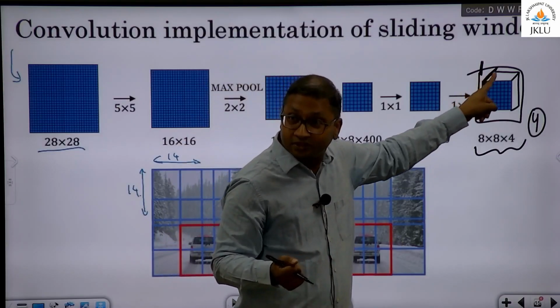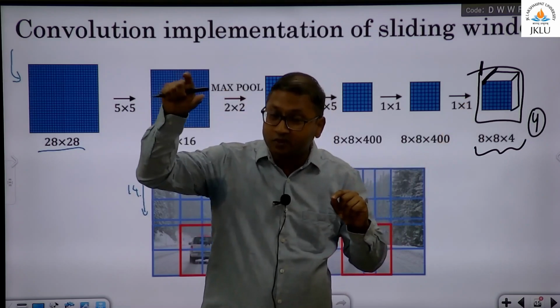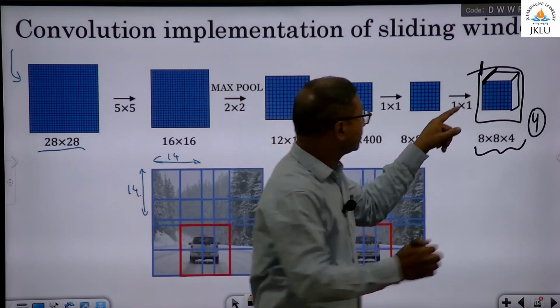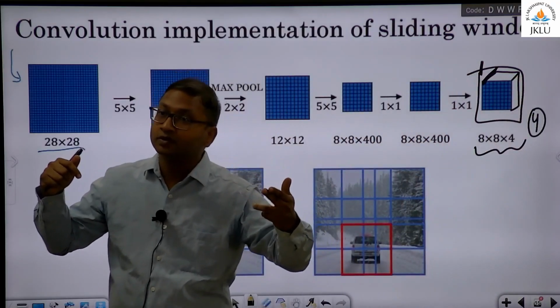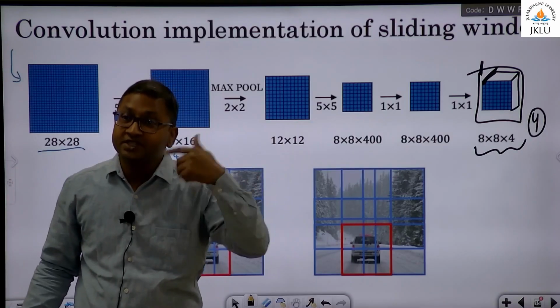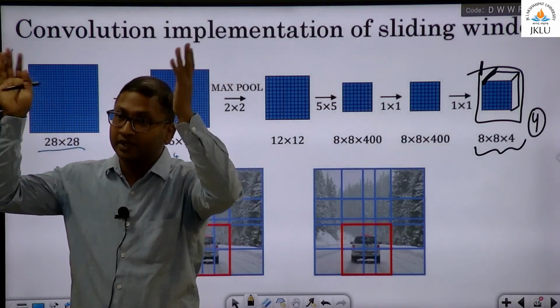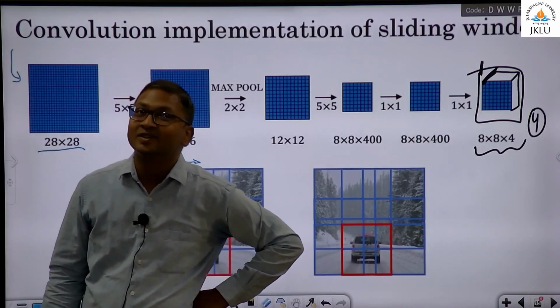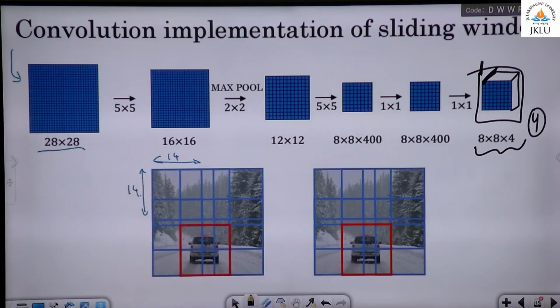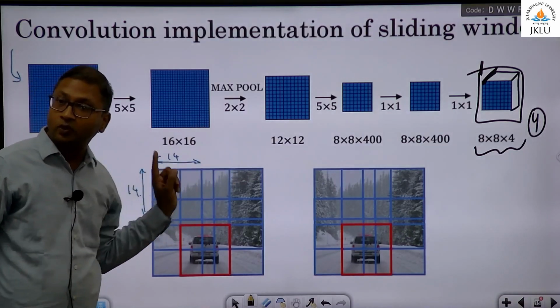So you have 64 volumes, each one is a softmax, right? So each one here is a softmax, giving you the probability of which class is there in the first one, second one and so on. Right? So you don't have to run those things again and again.